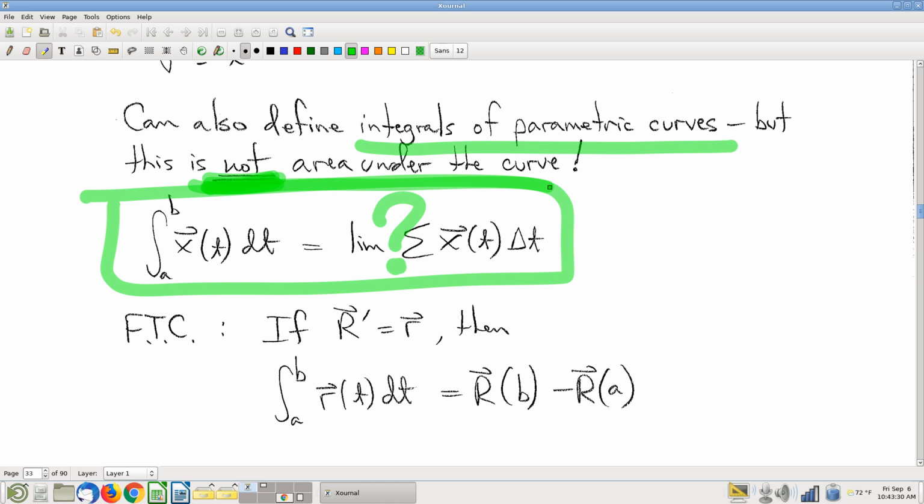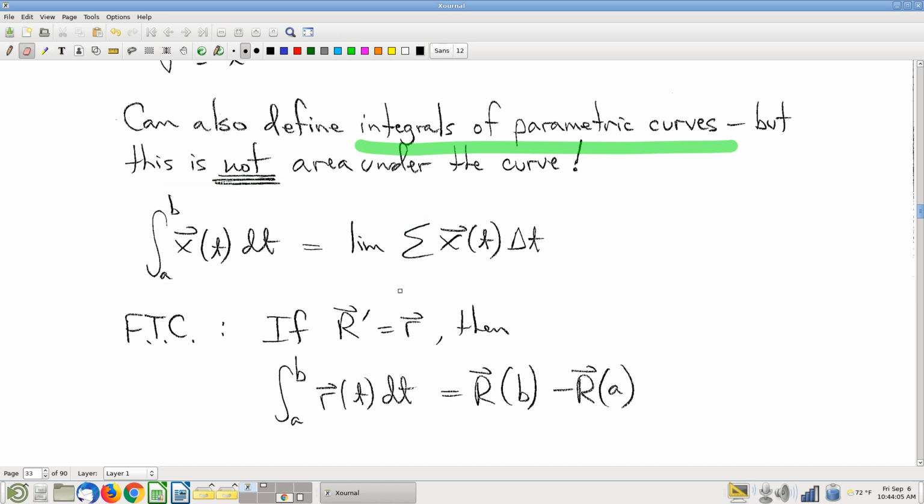Every bit of intuition you have about integrals computing area under curves is because in Calc 1 you're always looking at graphs, where vertical is the value of the function and horizontal is the input variable. That's not what we're doing here. So there's no reason to think that the integral of a parametric curve would be at all recognizable. And it's not, certainly not as the area under a curve. So don't step on that landmine.